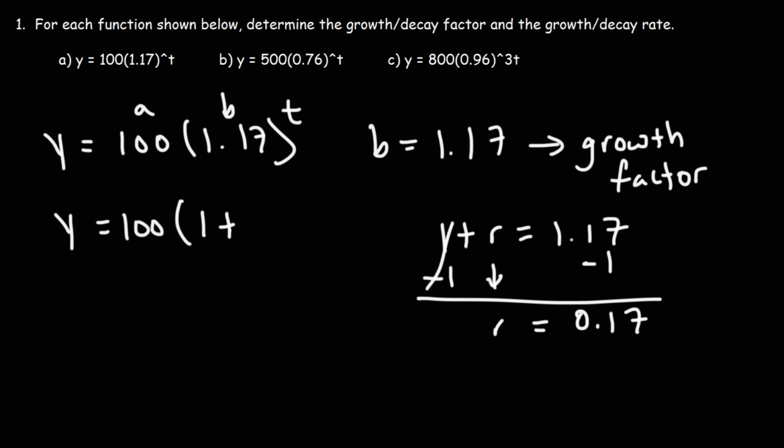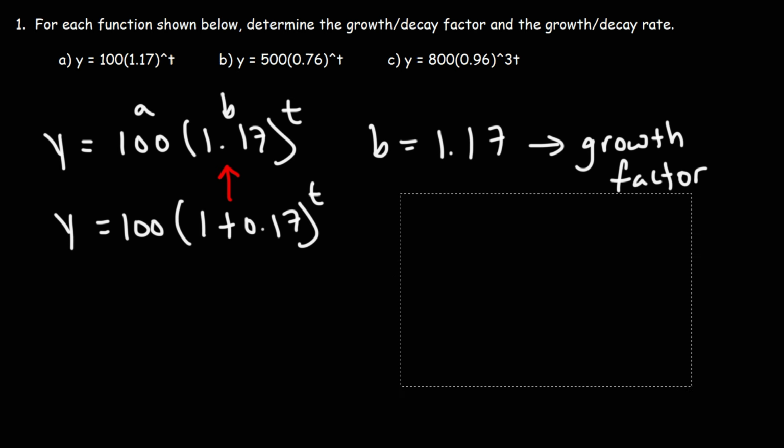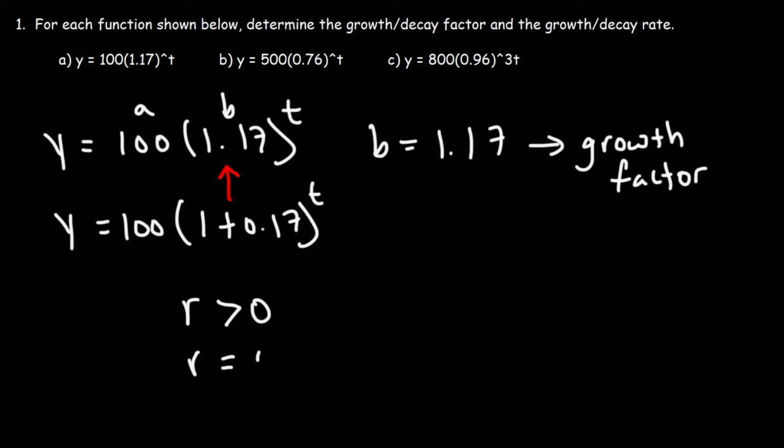So we have 1 plus 0.17, which is equal to what we started with, 1.17. So we can see that r is greater than 0, r is specifically 0.17. So this is going to be the growth rate, or the rate of increase.